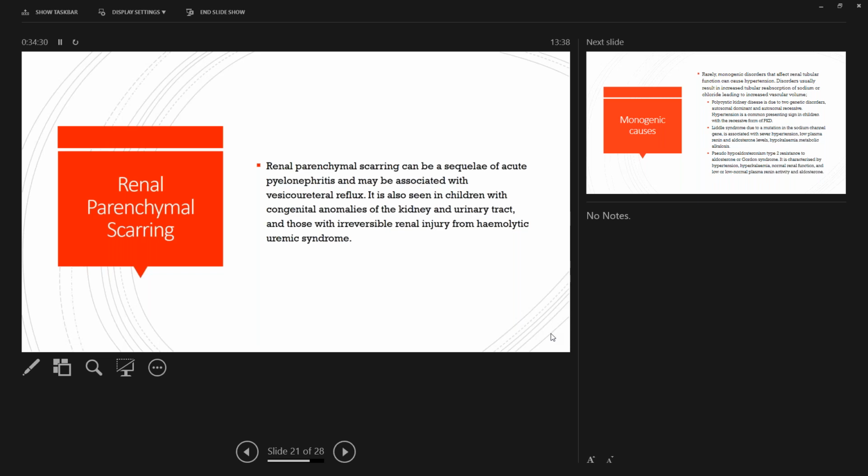Some of these may be reversible, such as VUR, children can usually grow out of that. Acute pyelonephritis, they can usually have treatment for, and then the blood pressure will improve. And then those that may be irreversible, so things like renal injury from a previous hemolytic uremic syndrome, where they may get ongoing refractory hypertension.